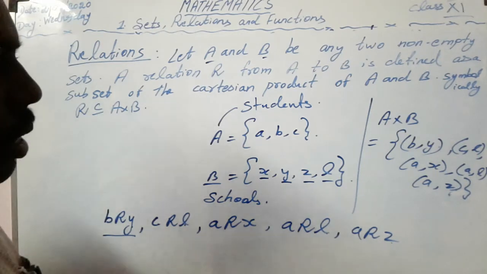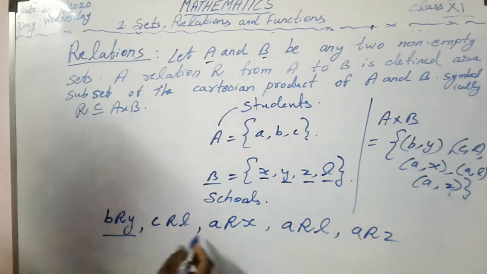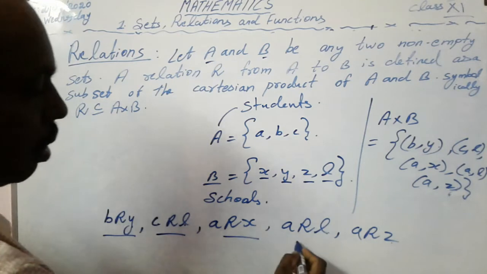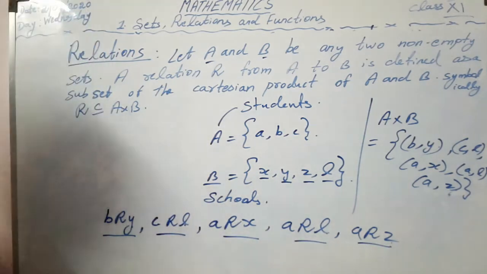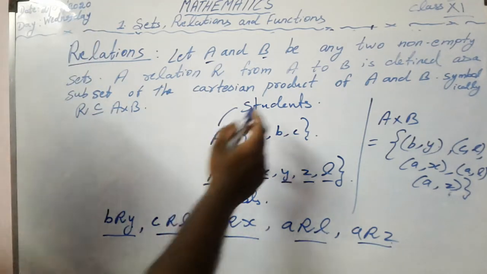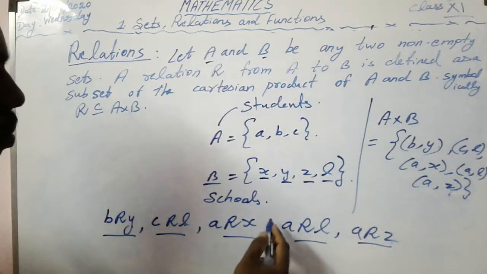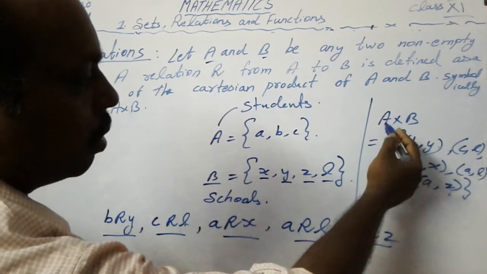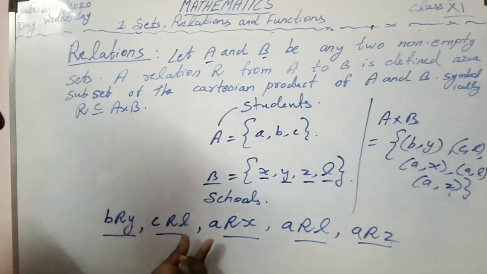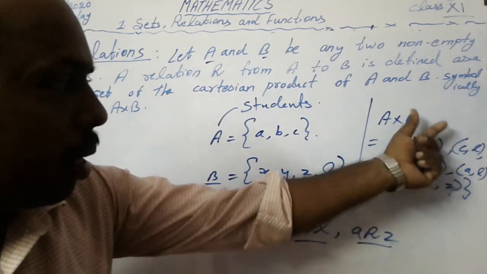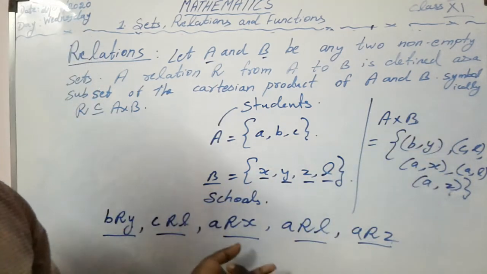Am I right? So these relations are in the Cartesian product of A and B. Some of the relations we have written.